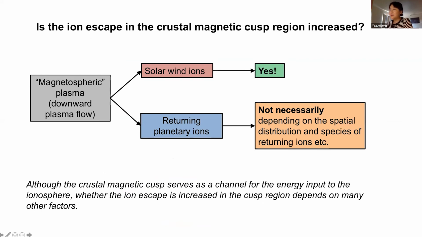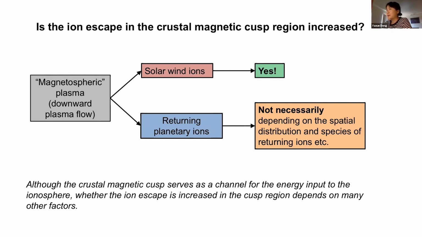So if this downward plasma flow is mostly composed of solar wind ions, then of course it will increase the escape of planetary ions from the cusp region. However, if these downward plasma flows are returning planetary ions, then it's more complicated.